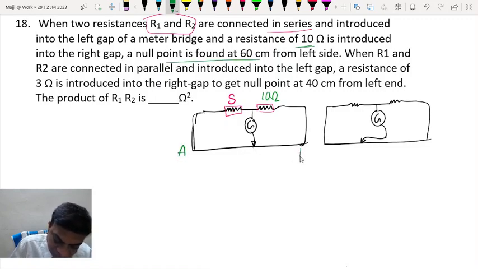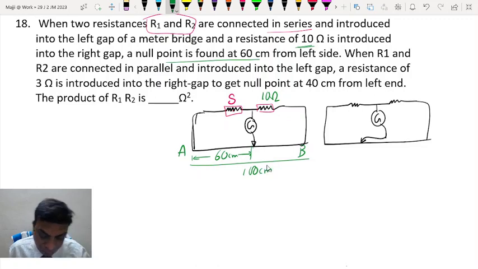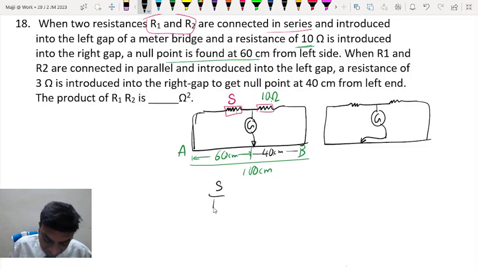So this is the left end. So 60 centimeter from the left end means this. Since it's a meter scale, the total length of the wire will be how much? 100 cm. So this side has to be 40 cm. So immediately I can write S by 10 is equal to 60 by 40. This is the principle of Wheatstone bridge. So S upon 10 ohm is equal to 60 cm upon 40 cm.